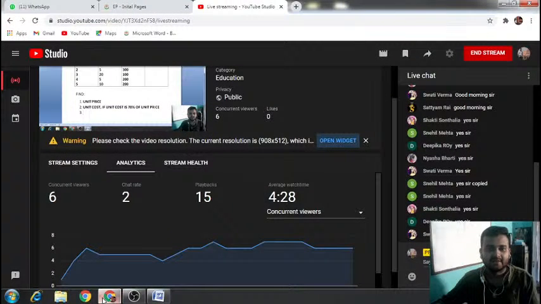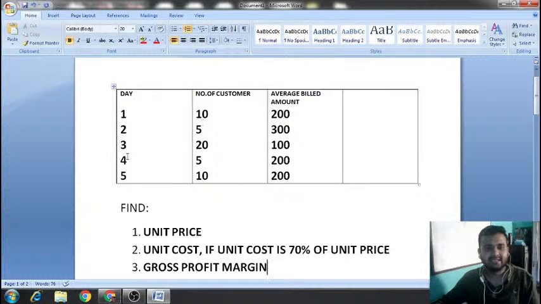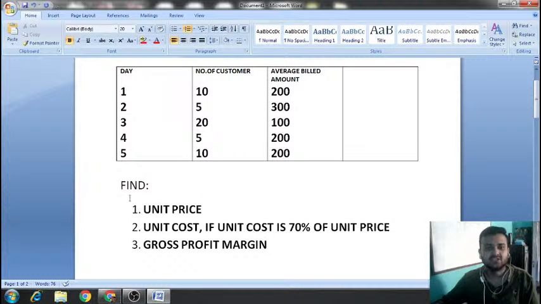Chalo, copy this down, please, all of you. It's day 1, 2, 3, 4, 5, the number of customers, then average billed amount, and then we'll start solving this question. You have to find out the unit price, the unit cost, and then the gross profit margin. Copy this down, all of you.